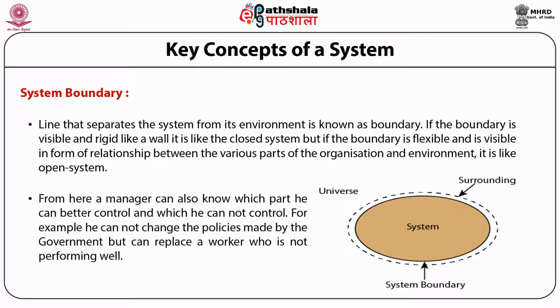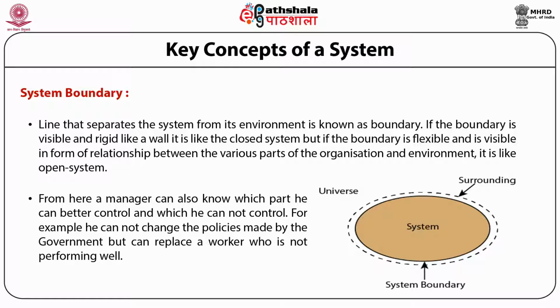From here, a manager can also know which part he can better control and which he cannot control. For example, he cannot change the policies made by the government, but can replace a worker who is not performing well.